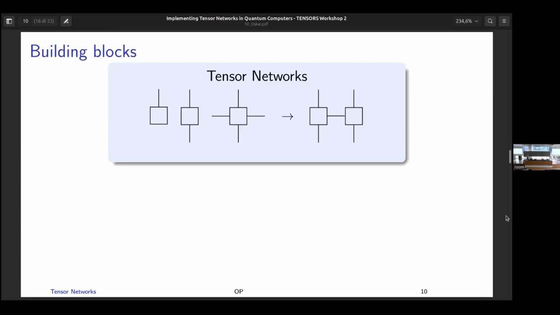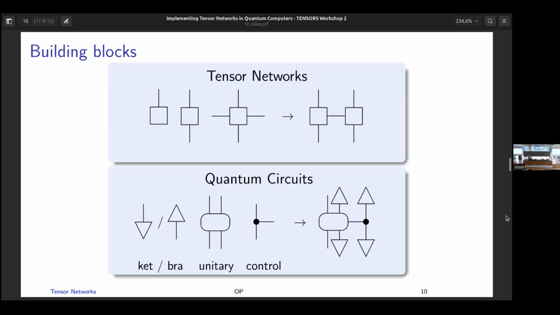Now we want to transform this tensor network into a quantum circuit. This is not yet a quantum circuit, but we know what the building blocks of a quantum circuit are. We have kets and bras, which means a state preparation and a projective measurement into some specific state. Then we have unitary gates, which are just quantum gates, and we can also control these gates.